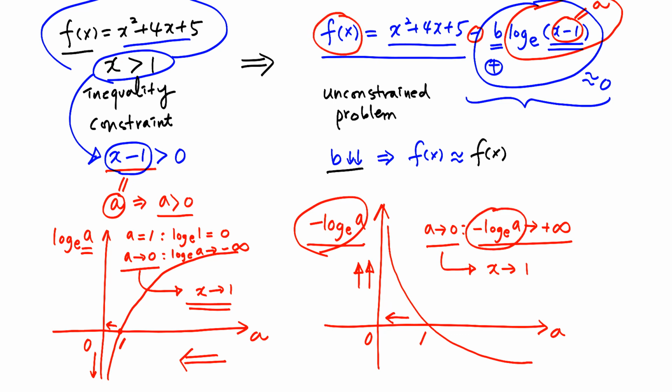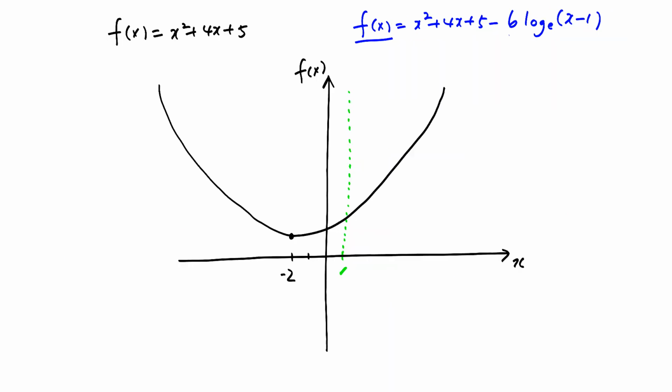This blue function is basically a function that has a positive infinity value as x approaches 1 from the right side. When b is very small, it will be almost same as this f(x) in black. But as x approaches 1, again, negative log base e of x minus 1 will approach positive infinity. So it will be something like this.